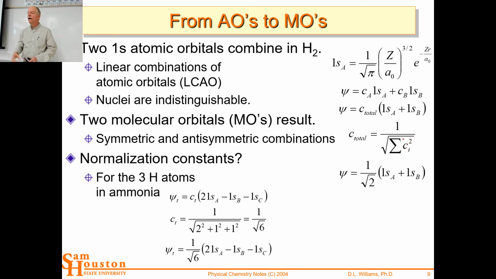And so we had 2's come out, and so it would be 4, so 1 over the square root of 4. Oh, I've screwed that up. Work your way through this and you'll see that's where this 1 over the square root of 2 comes from. And later on we'll have this situation with ammonia, and we'll see that we end up with 1 over the square root of 6 times this.